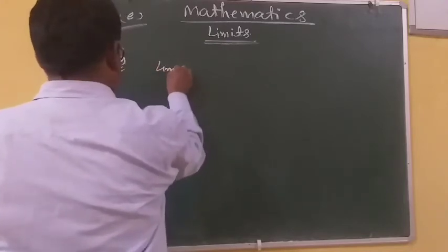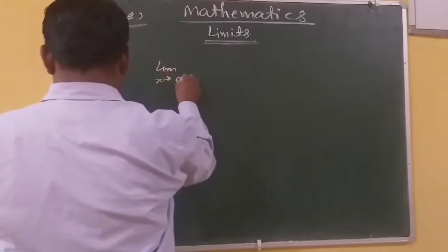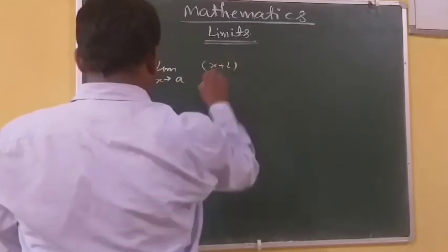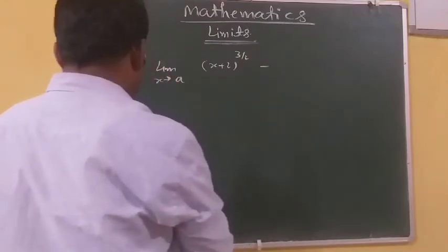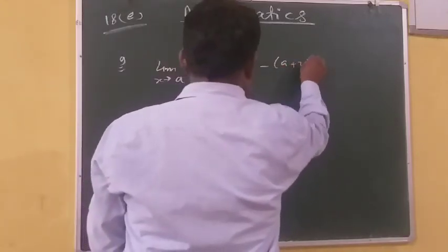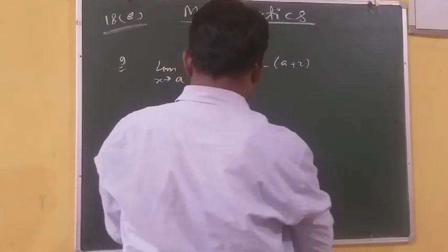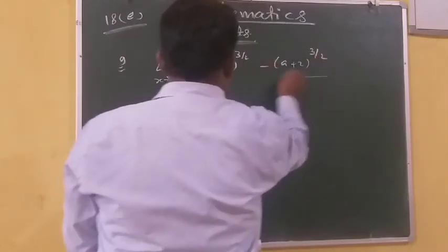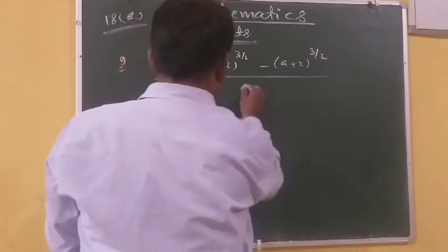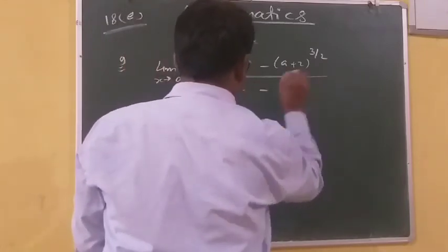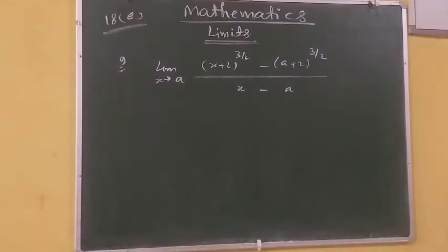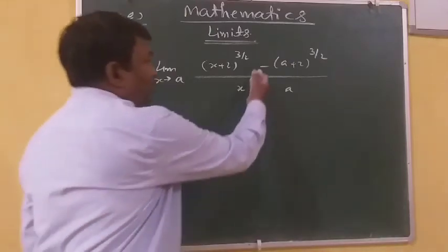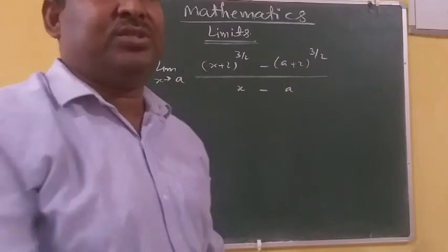Limit x tends to a of ((x plus 2) whole power 3 by 2 minus (a plus 2) power 3 by 2) divided by x minus a. See, try to solve it. How will you solve? It is not in the form of a standard equation.